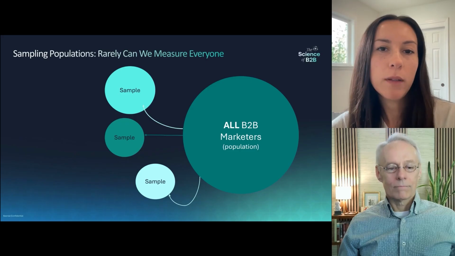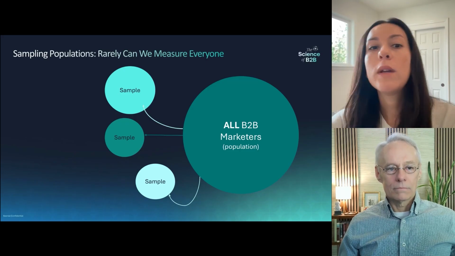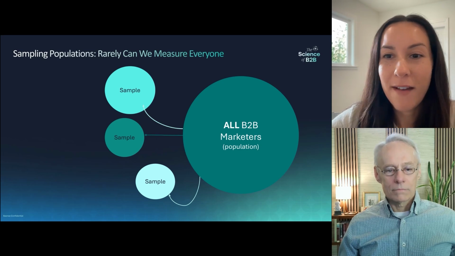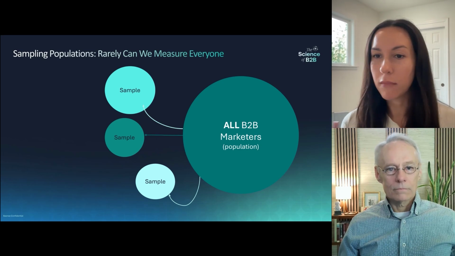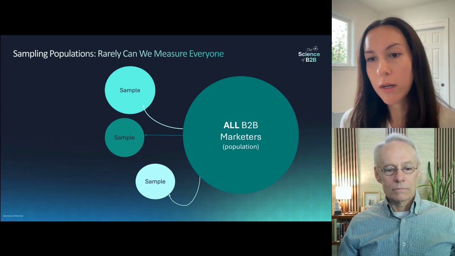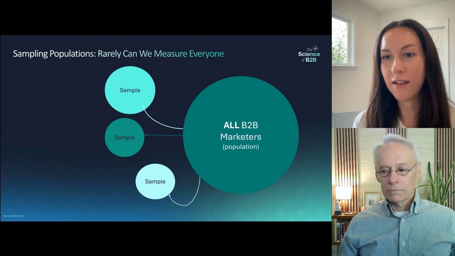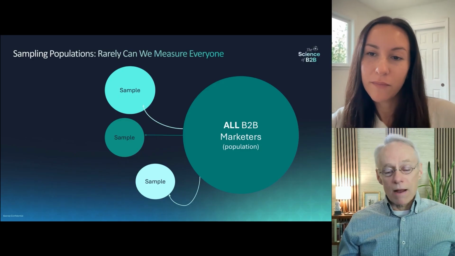And every time we read a benchmark report or a study, we are often reading about samples. Someone has taken a sample of the population they're interested in, and they're reporting on characteristics of that specific sample.